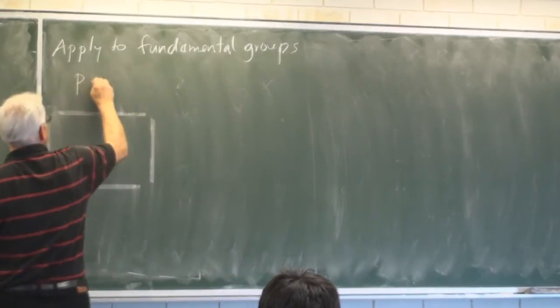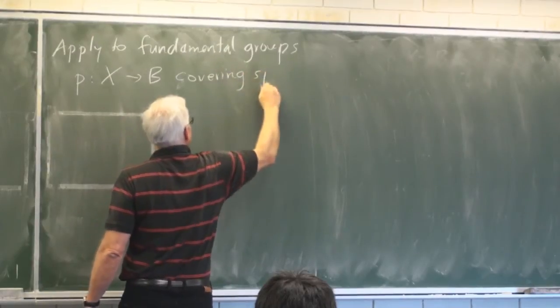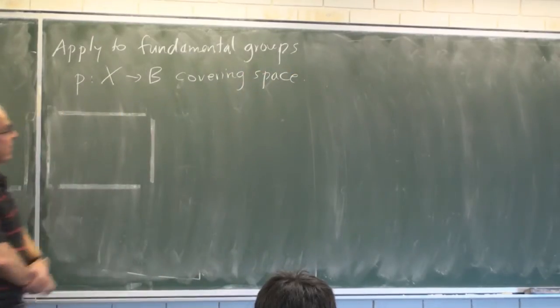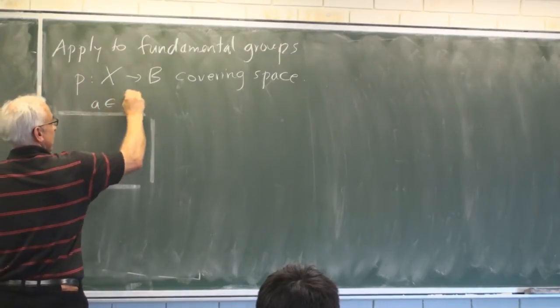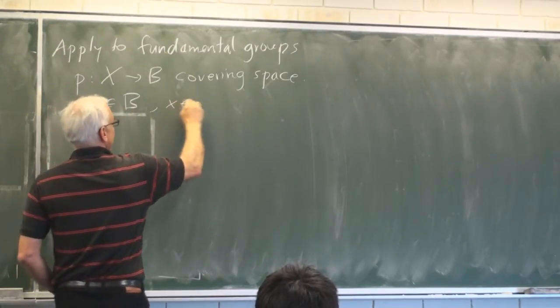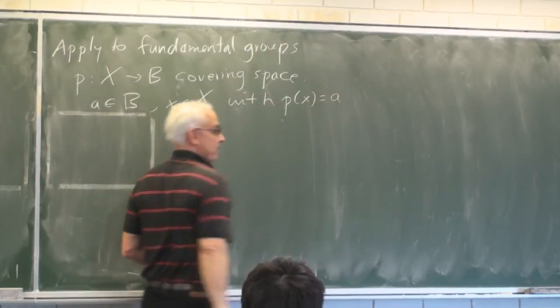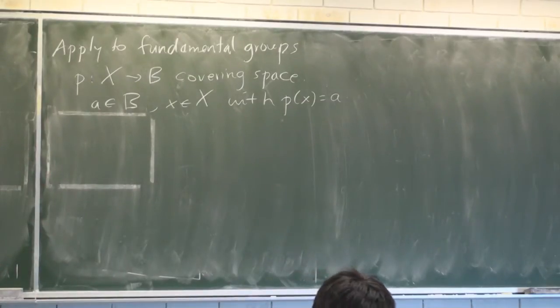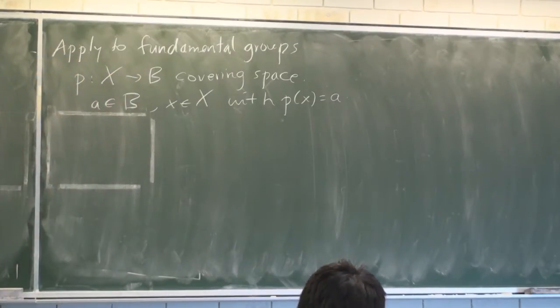So our setup, again, we have P from X to B, a covering space. When we're talking about fundamental groups, we like to have base points. So let's choose a base point in both spaces. Let A be a point in B, and x a point in X, with P of x equals A. We know that whenever we have a map between spaces, we get an induced homomorphism between fundamental groups.